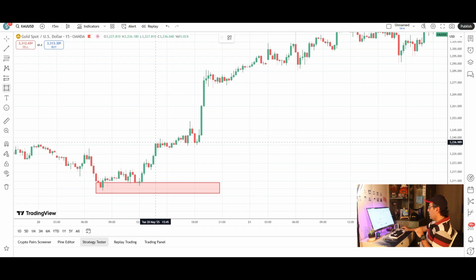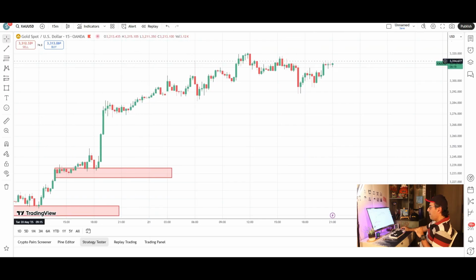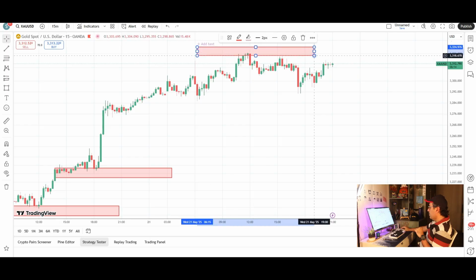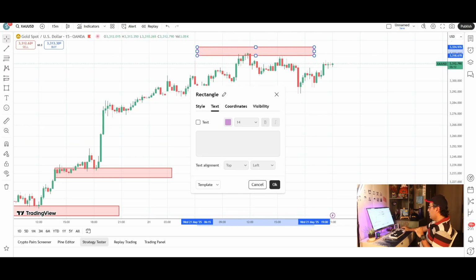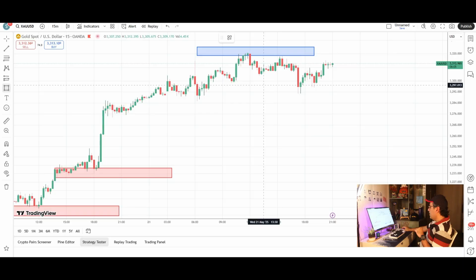This is your support area. The resistance, the blue box, and then we have another support area right over here.